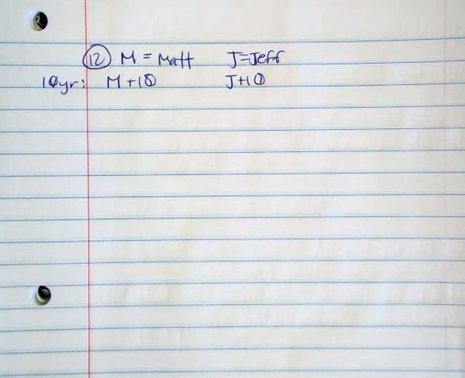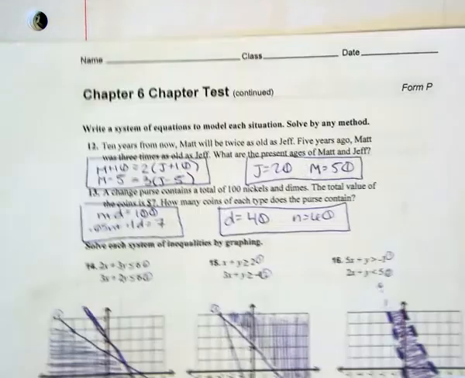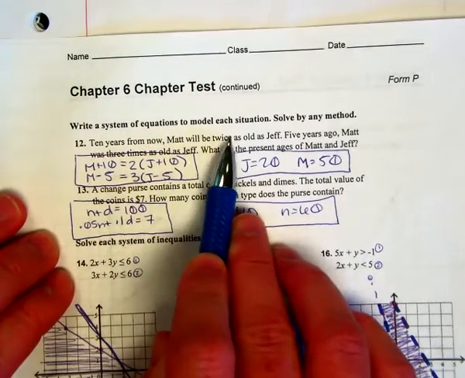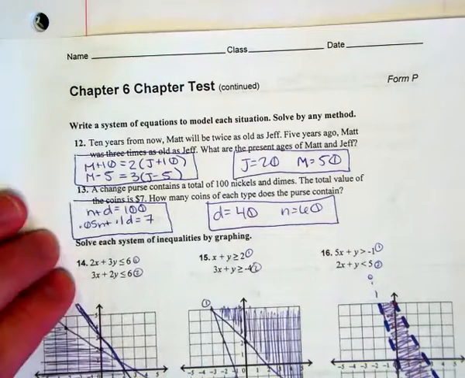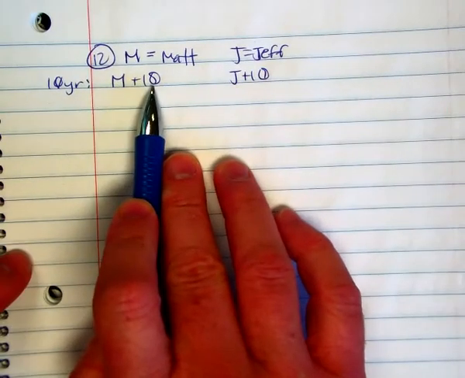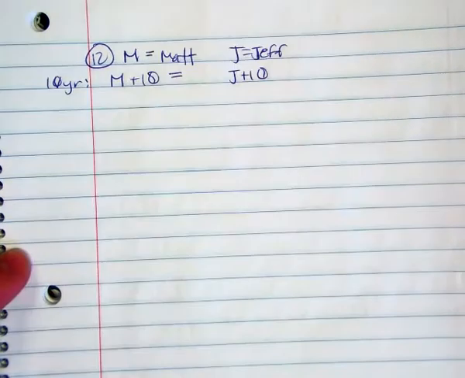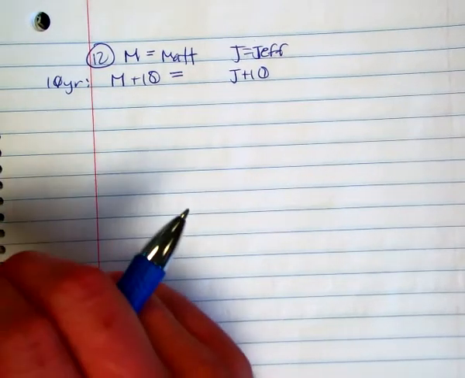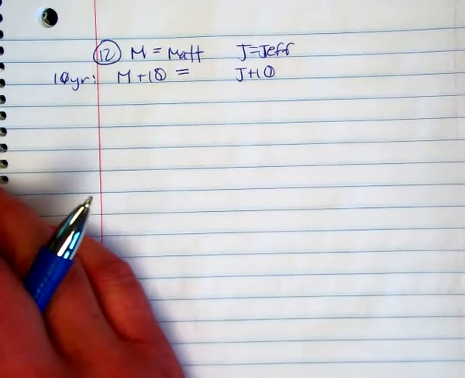Does that make sense so far? Okay. Now put all the information together from that scenario. 10 years from now, Matt will be twice as old as Jeff. So, Matt, 10 years from now, will be, there's our equals sign. Will be would be a future tense version of is, which is usually our equal sign.